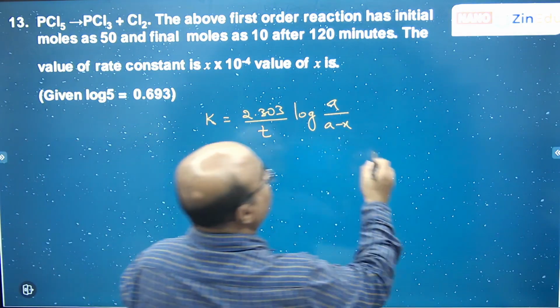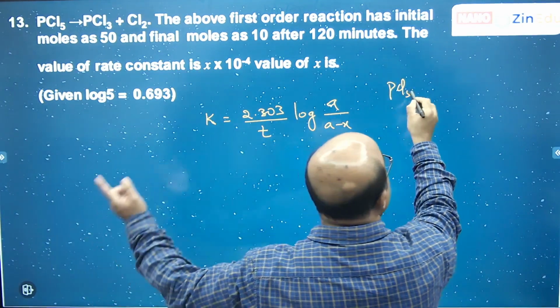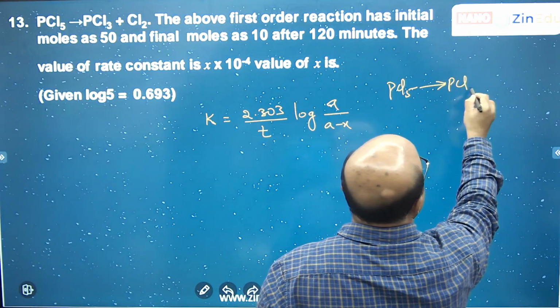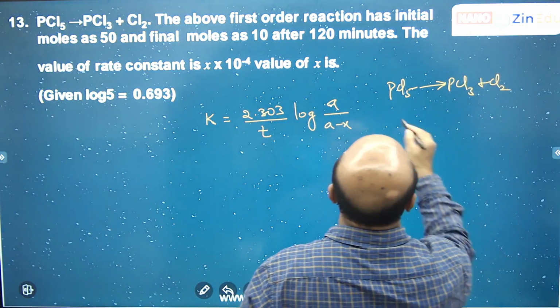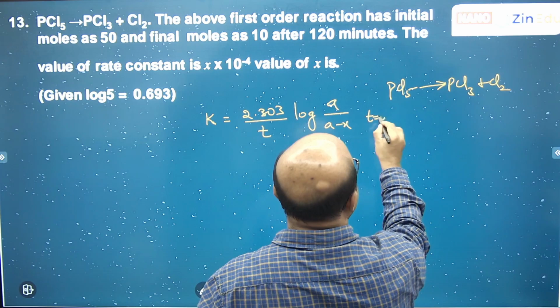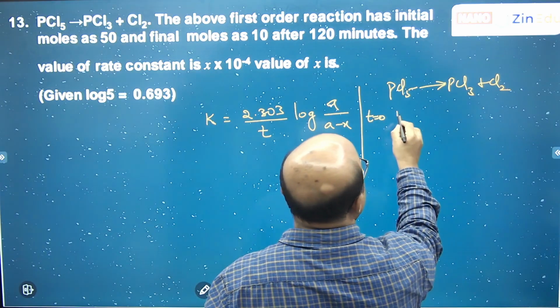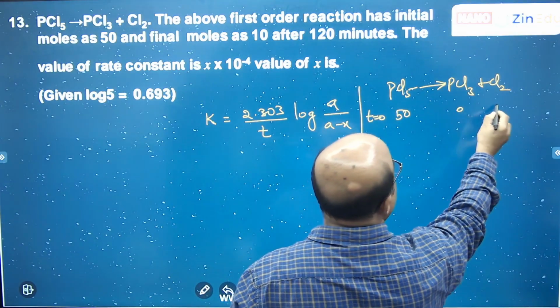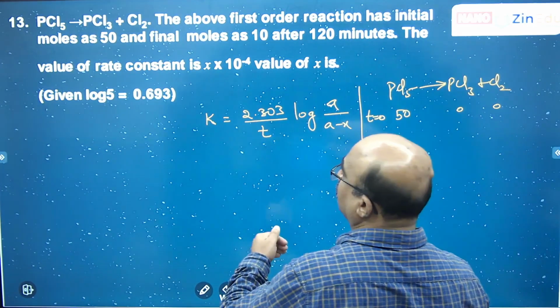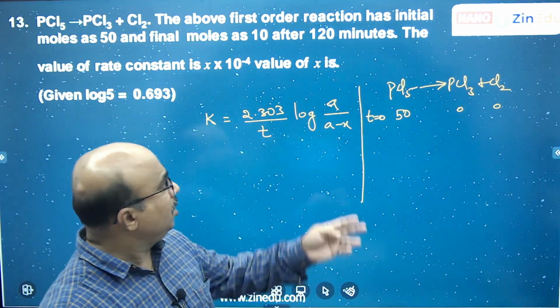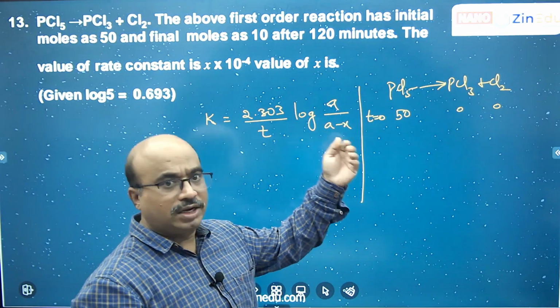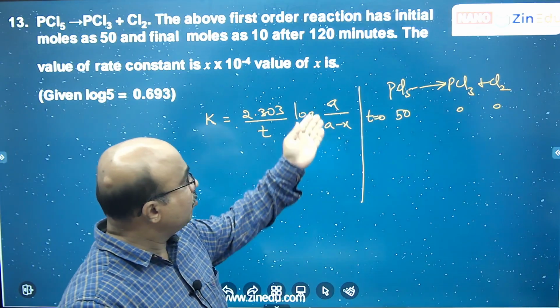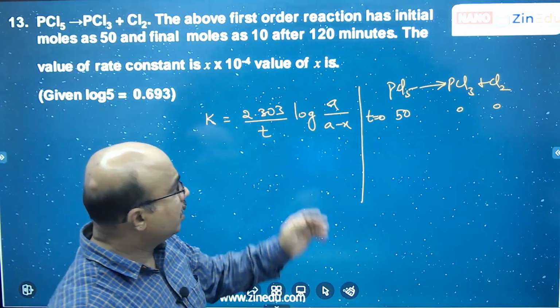But PCl5 goes to PCl3 plus Cl2, as per the given information. We have initially at t equal to 0, 50 moles of this, this is 0, this is 0. But in the application, we always take only moles of the reactant because it is the number of moles or concentration of the reactants.